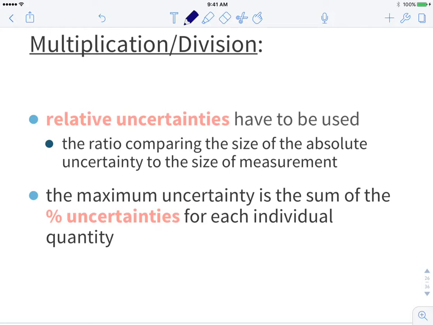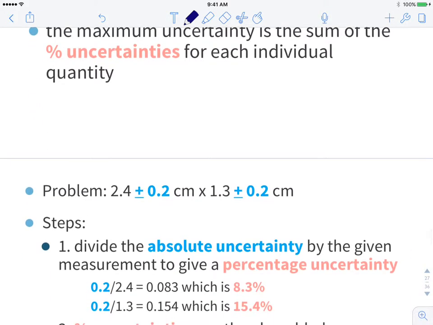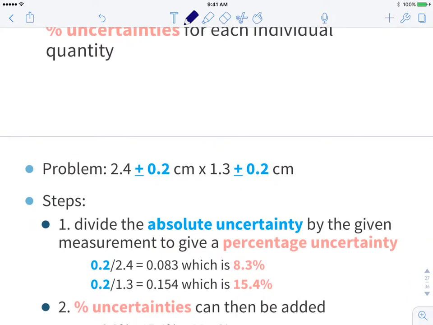So let's do an example. Let's say that I multiply together these two values, in centimeters, to get an area. So I have my 2.4 and my 1.3 centimeters. In this case, I need to account for the uncertainty. Well, what percentage is 0.02 of 2.4?